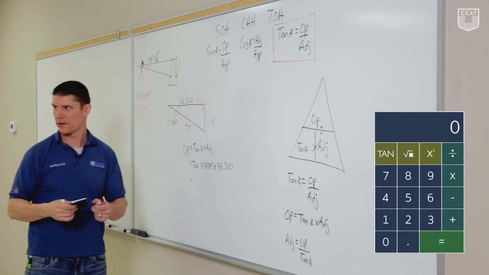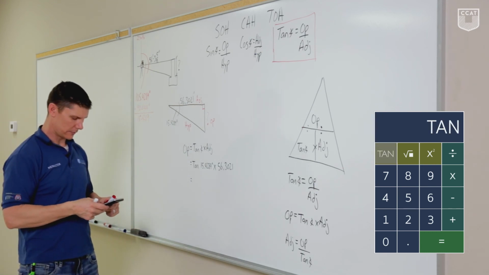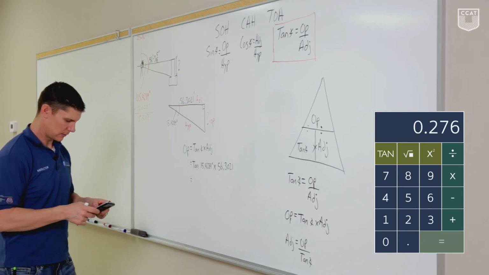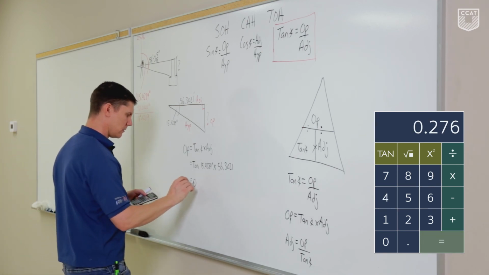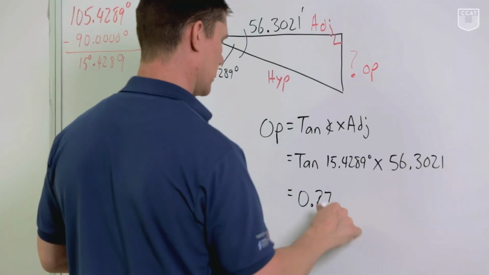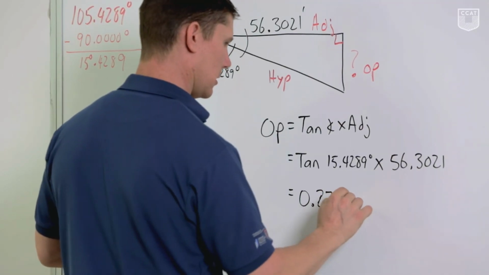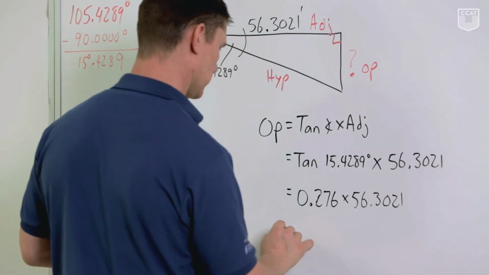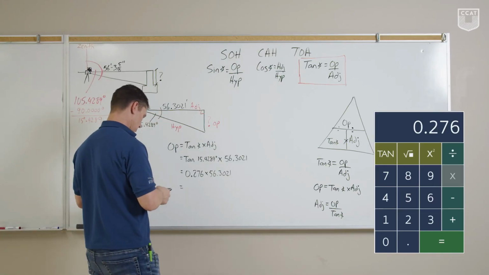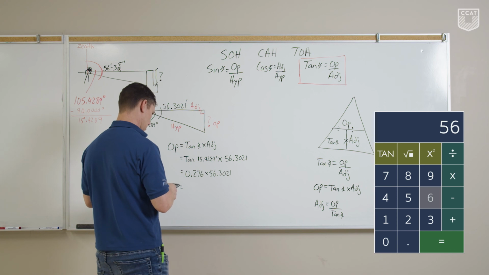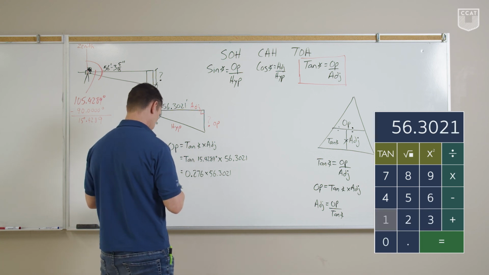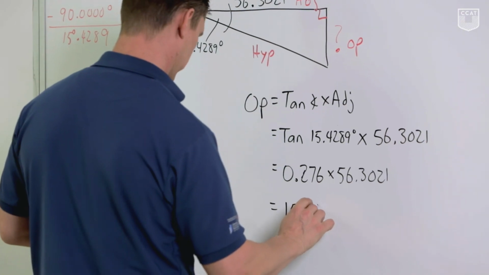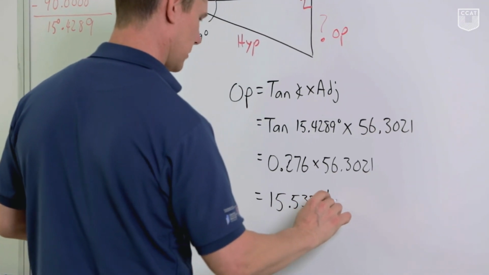Next we're going to use the tan function on our calculator to solve for 15.4289 degrees. And we got 0.276 times our 56.3021 equals 15.5387 feet.